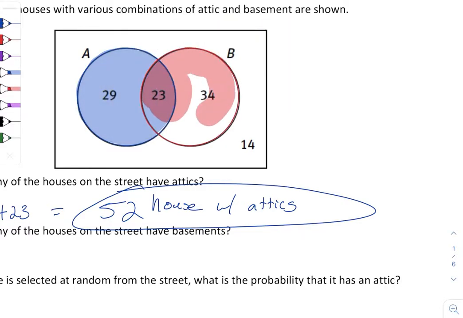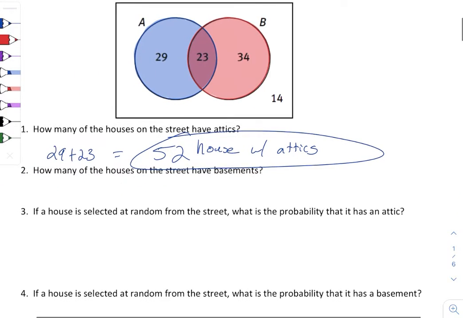Hopefully seeing the colors helps. B is the entire circle, so you have to add both pieces together, the intersection piece in the middle and the just red piece on the right. So we have 23 plus 34, which equals 57 houses with basements.